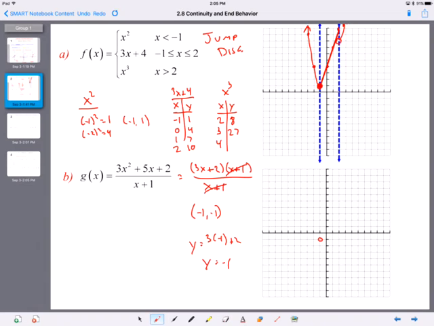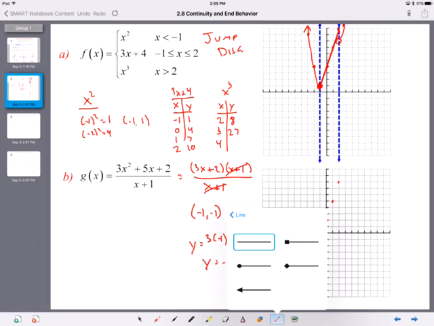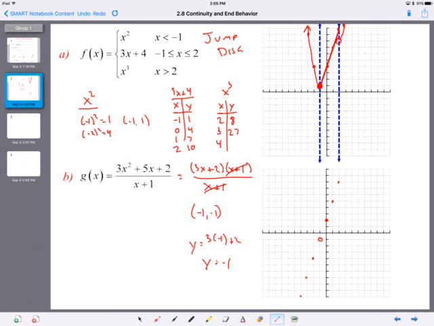It has a slope of 3, so up 3 over 1, and that's the y-intercept. Up 3 over 1, and we'll just continue this a couple more points. Down 3 to the left 1. And so now we'll start here.